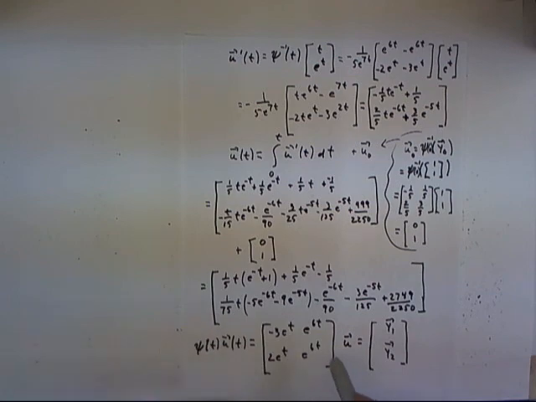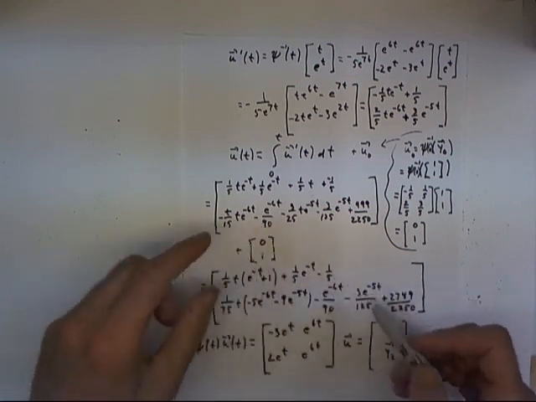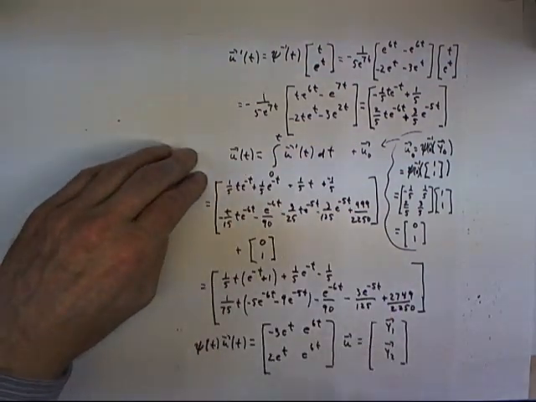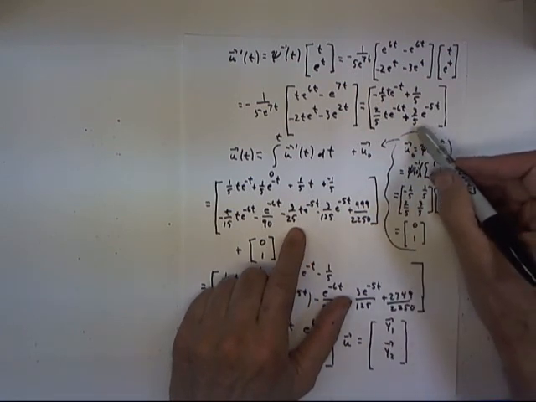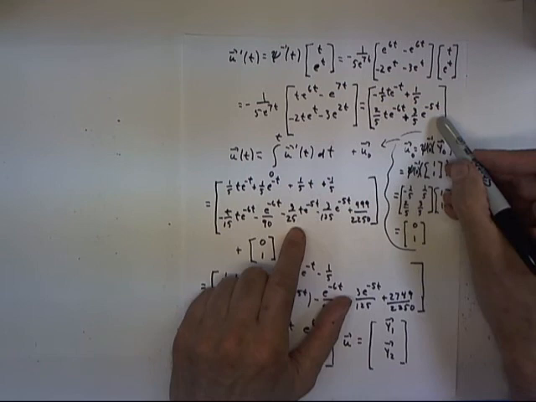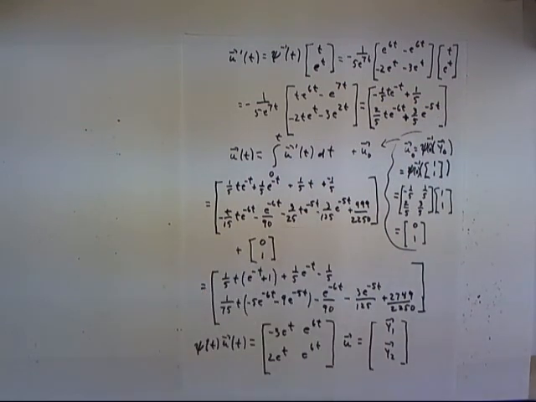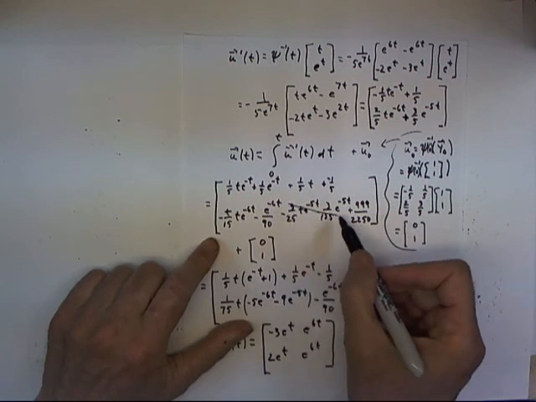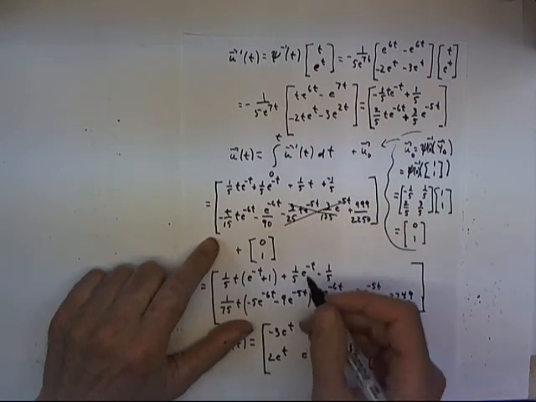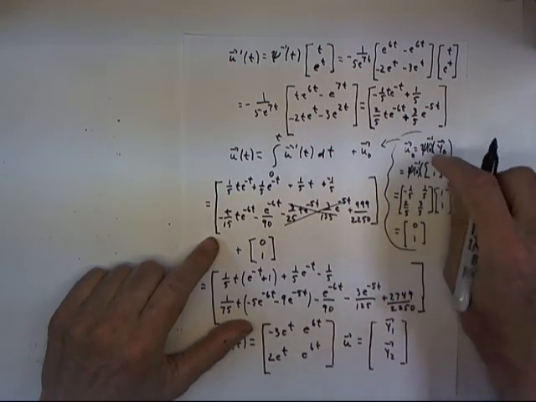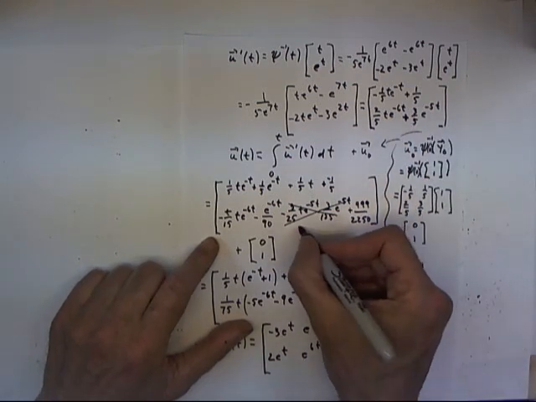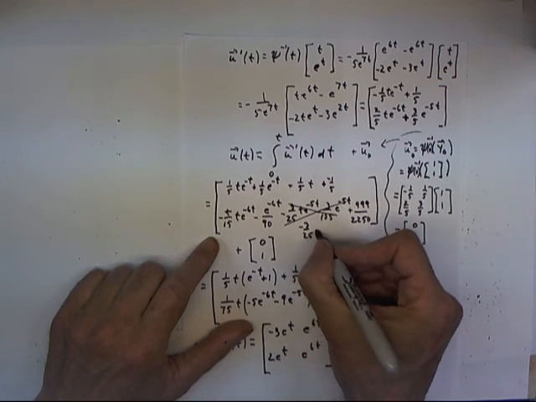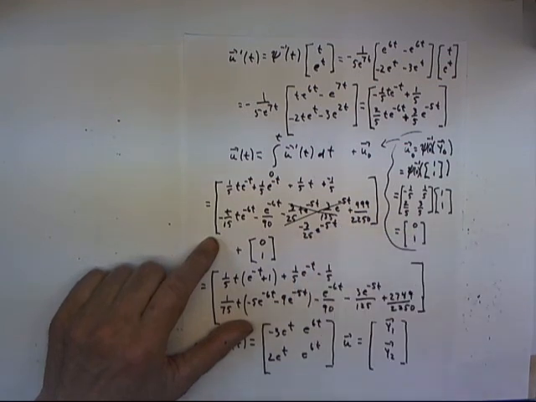Okay, let me just show you what I did. I'm going to have to go off camera and just kind of rewrite all of this. I integrated 3/5 t e to the negative 5t instead of just 3/5 e to the negative 5t, so all of this stuff here is wrong. This should have just been negative 3/25 e to the negative 5t.